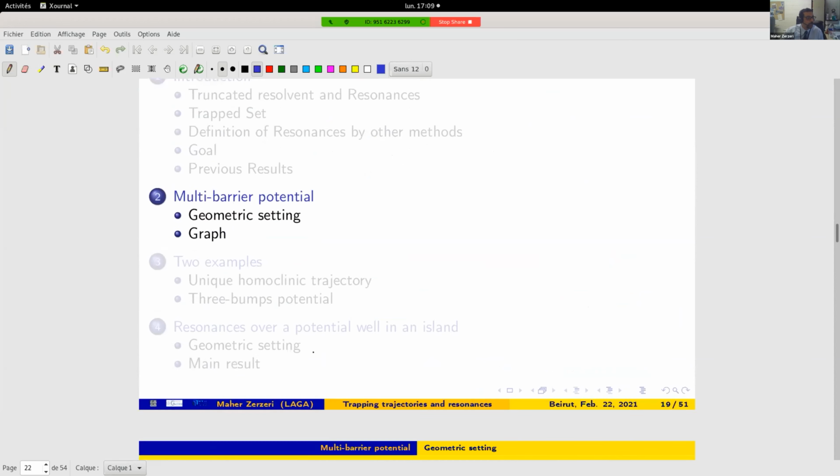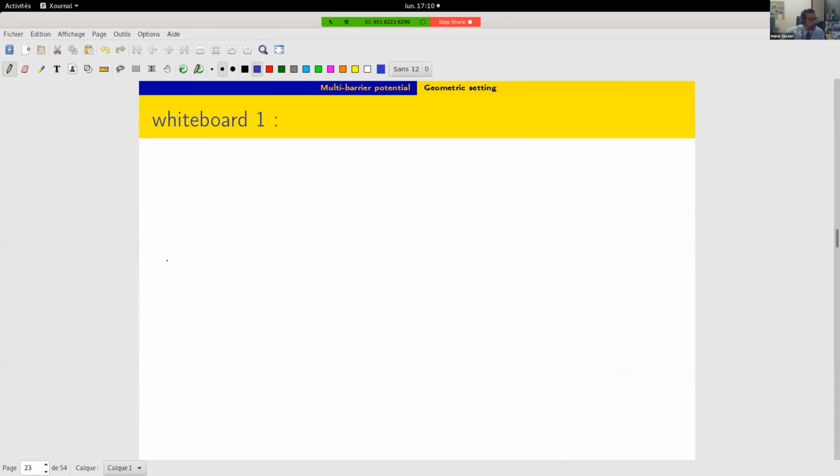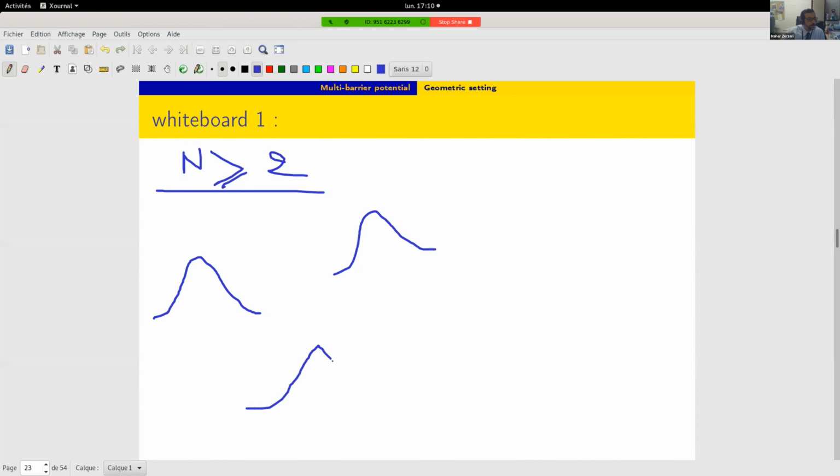So the second thing, I want to explain our situation and what we call the multi-barrier potential. So let me draw our potential. So the multi-barrier potential, we are in dimension n, and essentially bigger or equal to 2, okay? And we consider a potential like this in Rn, and we are interested in some level A0.